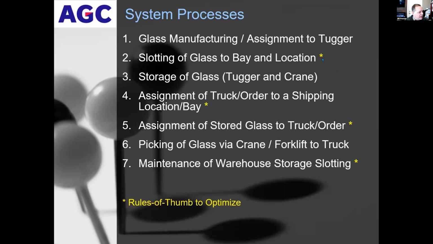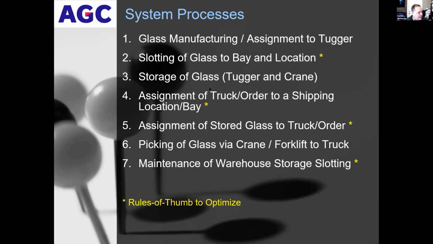Each one of these yellow symbols represents an area where we were trying to do optimization. The first step is slotting the glass to a bay and location. We would run the optimization logic, and it would tell us where we should slot this material in storage. Then we'd use a tugger and a crane to store the glass in a location.